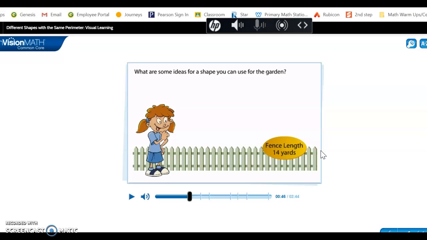So we can think about this, and there's many shapes we can make. We can make a square, we could make a rectangle, we could make a triangle, and so on.